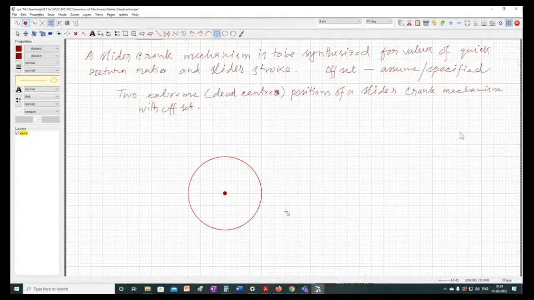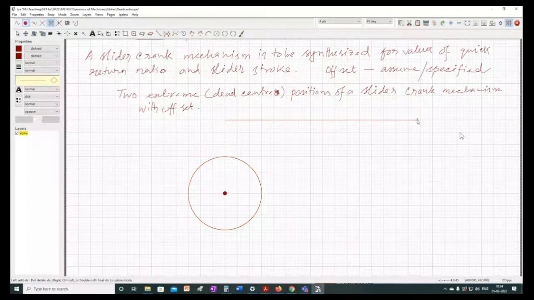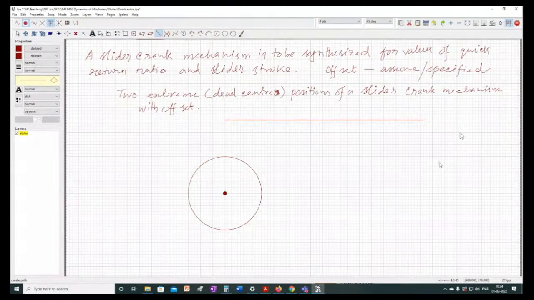And one of the extreme positions. Before we do that, let us draw a line. Suppose this is the line on which we want the motion of the slider.